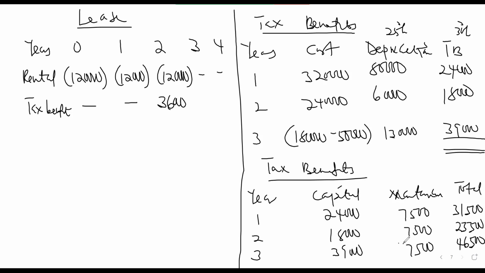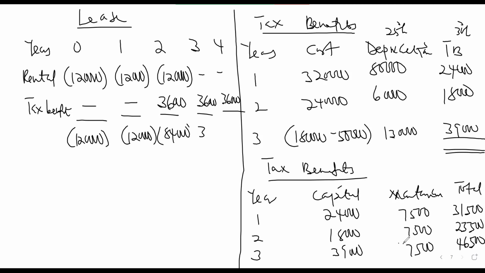Tax is payable in arrears, so we have 36,000 here and 36,000 here. We have an outflow of 120,000, an outflow of 120,000, and the 36,000 benefit. What is the difference in year 2? 84,000.